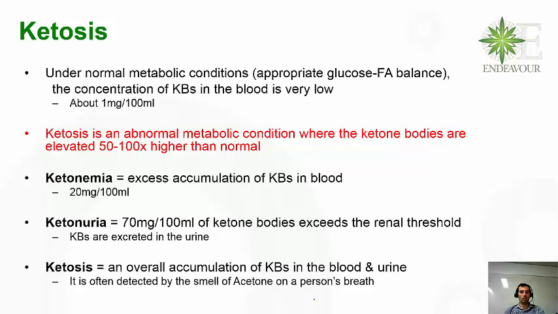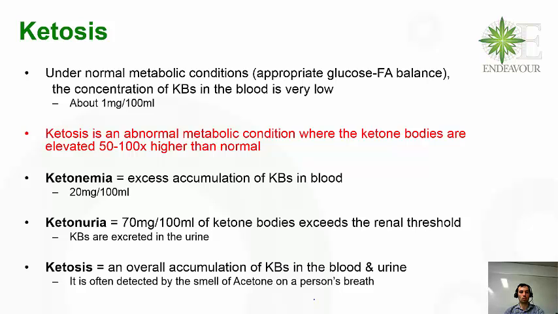There's a few other definitions we can use here. Ketonemia means excess accumulation of ketone bodies in the blood, and ketonuria means we've got so much accumulation of ketone bodies that they will actually start being excreted in the urine.